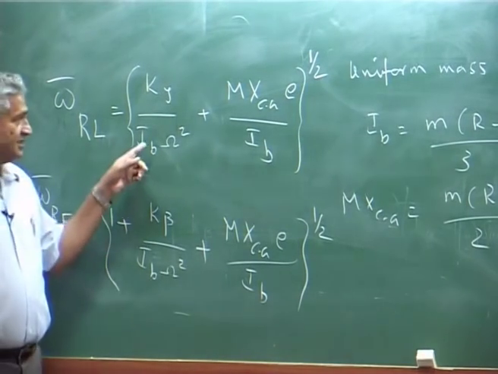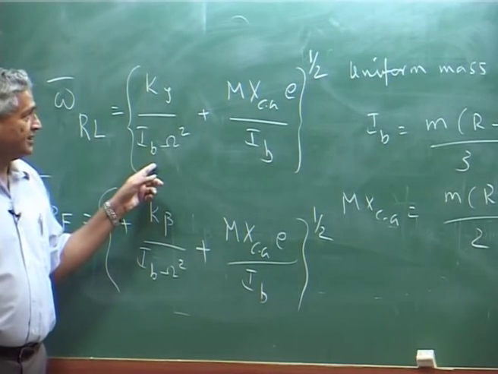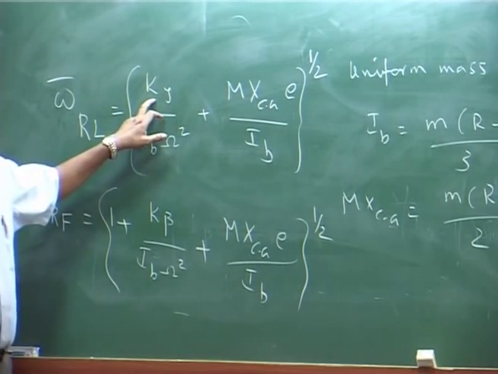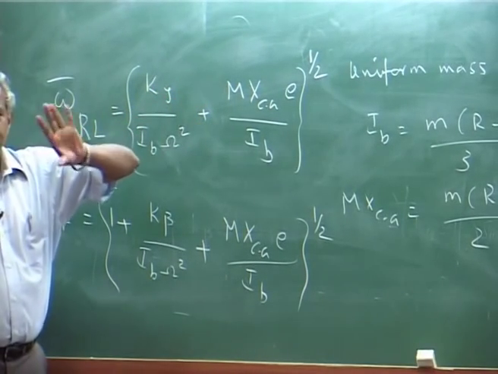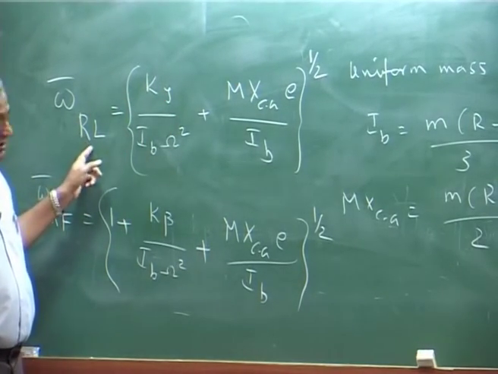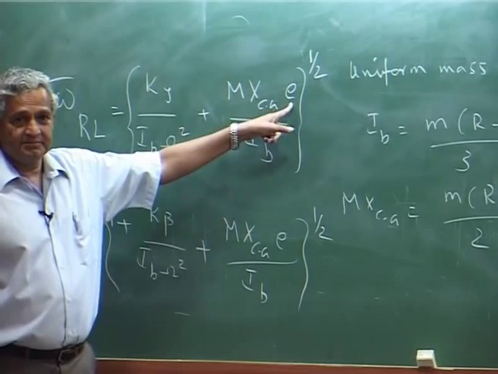Now, because of this, you find that suppose k zeta is 0, that is there is no spring, it is an articulated blade. Lead lag frequency rotating depends on what is the hinge offset.